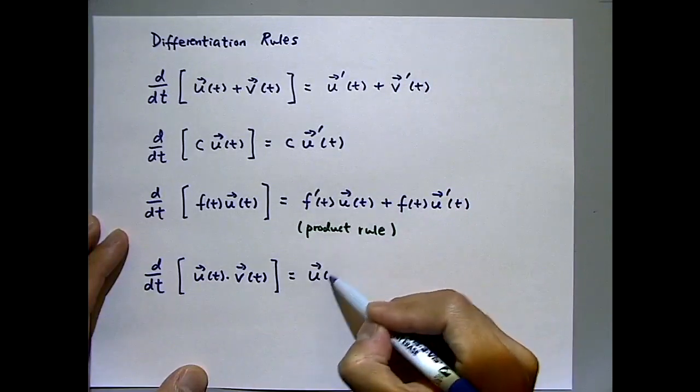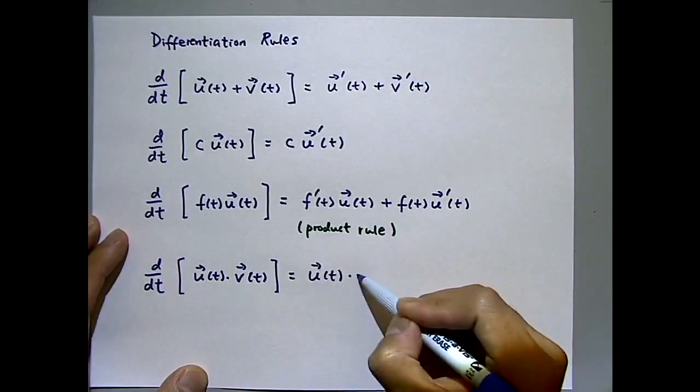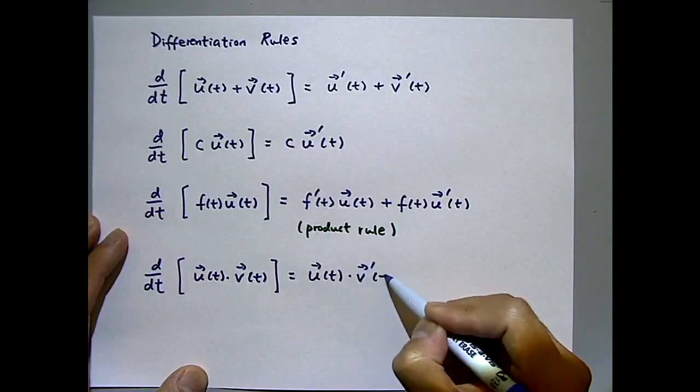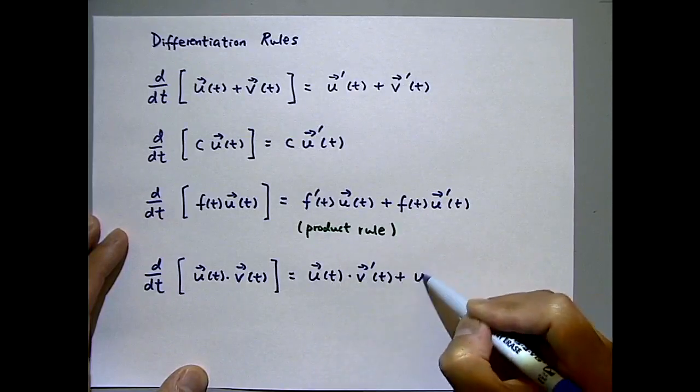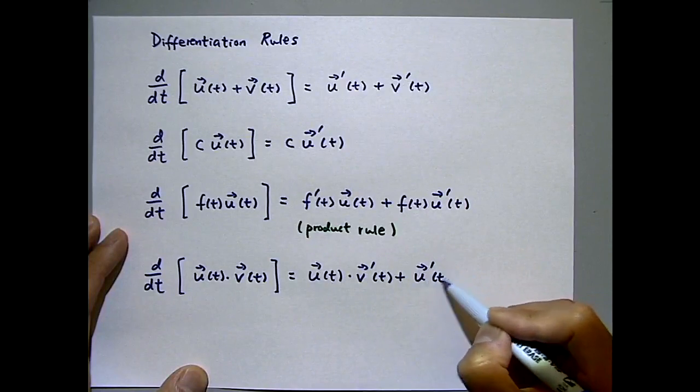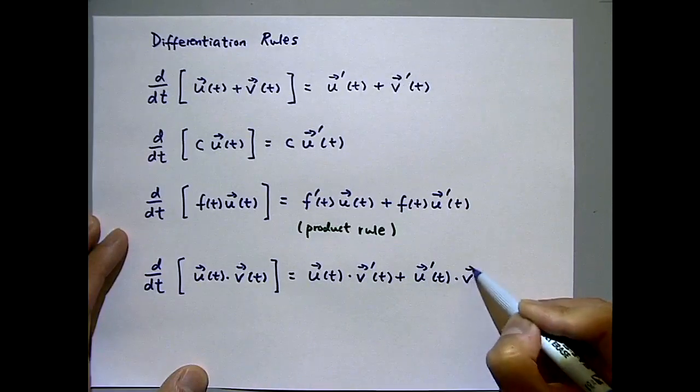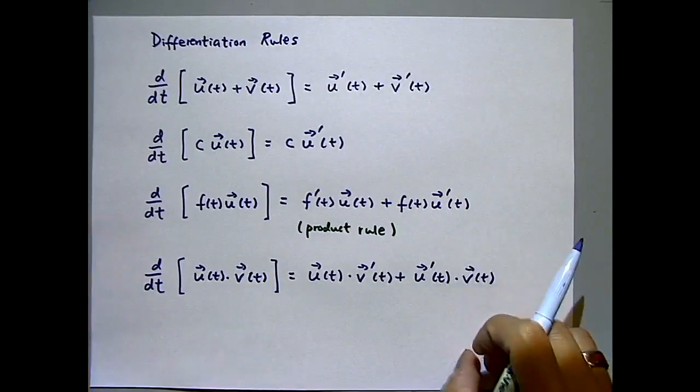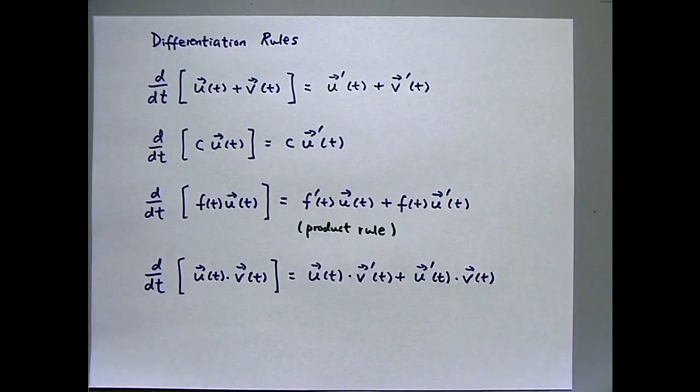So this is equal to u dot v prime plus u prime dot v. Again, exactly the same as the product rule that you are familiar with, except instead of regular multiplication, we do a dot product between two vectors.